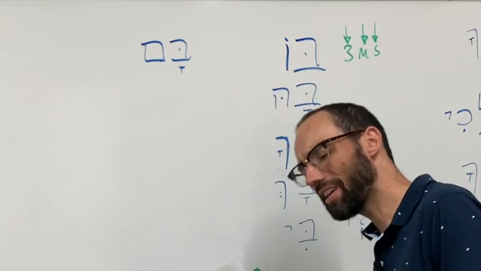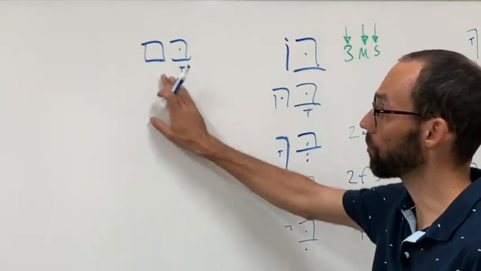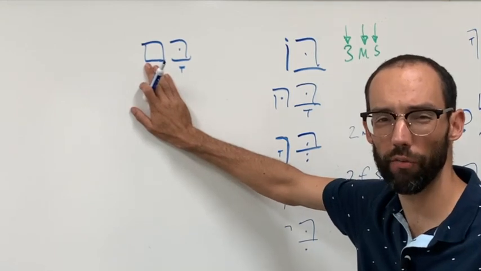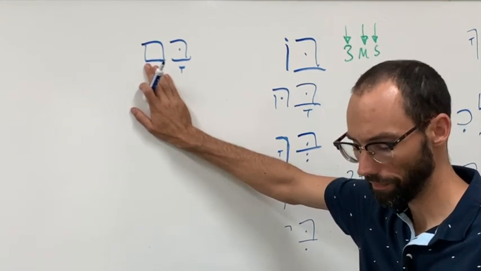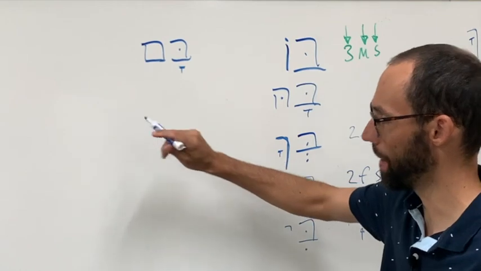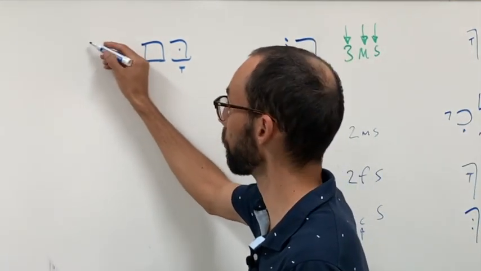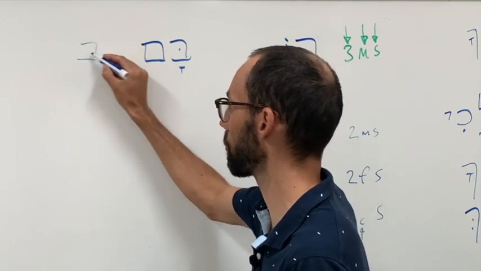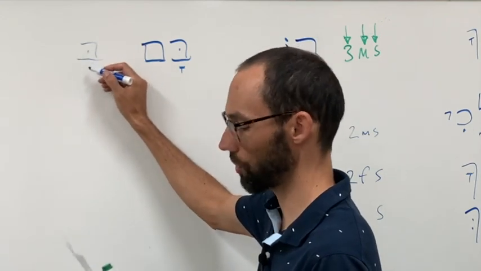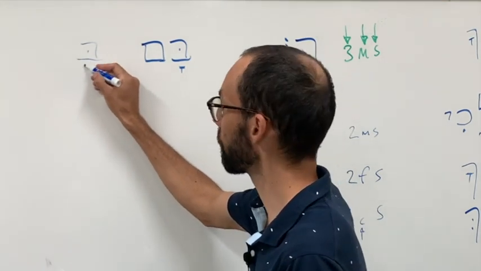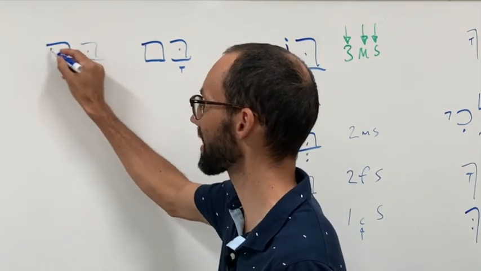Now, occasionally they will use a long form of that pronoun, and they'll say bahem. So I don't know the rules. I'm sure there are some rules about when they would use them or what dialect uses those. But if you see this, it means the same thing.